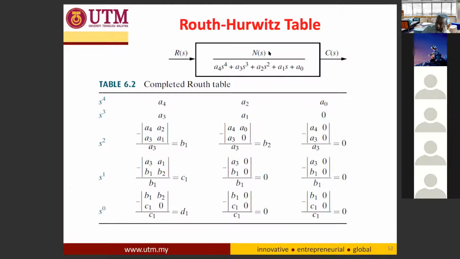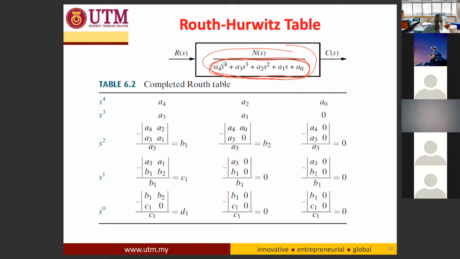If you have the block diagram and the transfer function given by these equations, we are only interested in the bottom one, which is known as the characteristic equation, the closed loop denominator of the transfer function equal to 0.